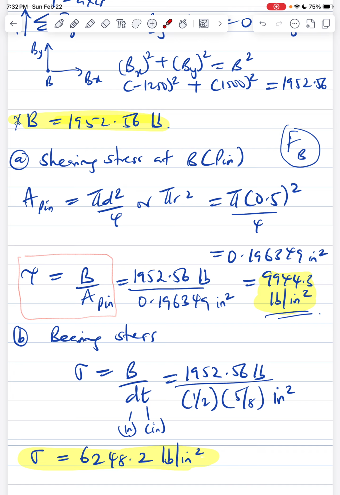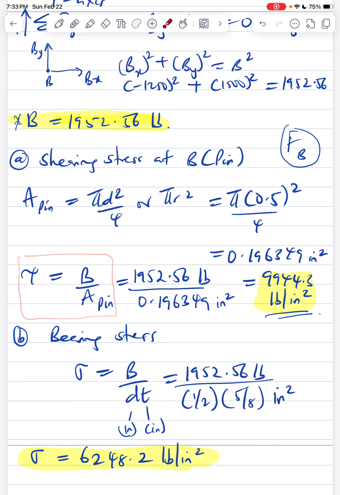So for the shearing stress at point B, you can use B or F of B in case it's confusing. First, you find the area of the pin, which is either pi d squared over 4 or pi r squared. Pi d squared over 4 is easier for computation since one step is eliminated. So that's pi multiplied by 0.5 inch squared divided by 4, which gives 0.19634 inches squared.